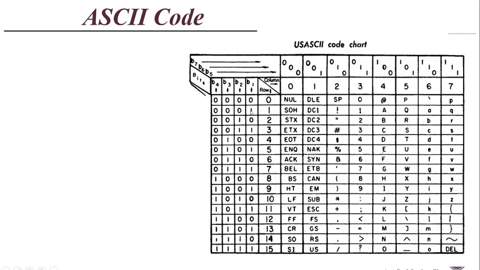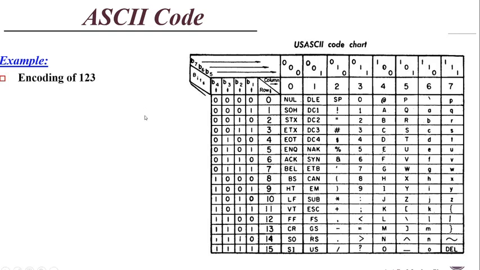That means the total 7-bit code for A is 1, 0, 0, 0, 0, 0, 1. In a similar way, we can represent the 7-bit ASCII code for any symbol, number, character or command. Let's see an example.